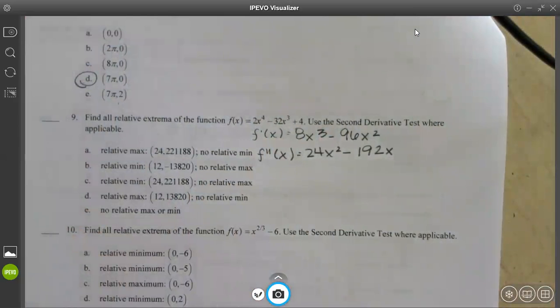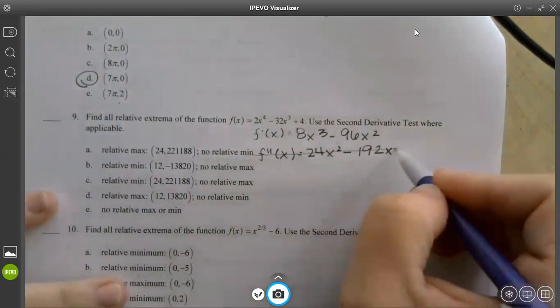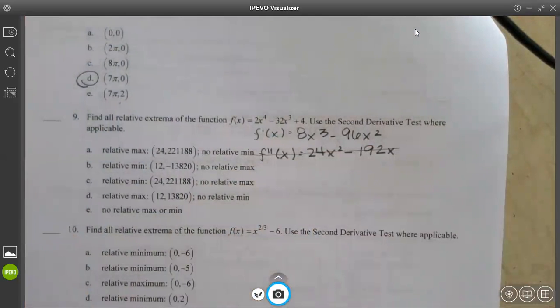All right. How do I solve? If I'm looking for min and max, what do I need to do? Do I even need to use the second derivative? No. Would we have to use the second derivative test? Maybe, but on this one, we definitely don't have to.